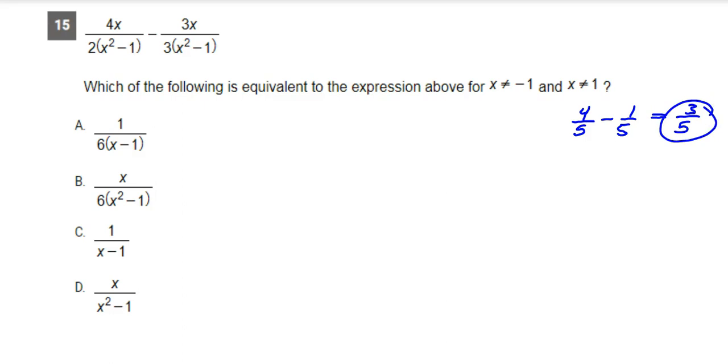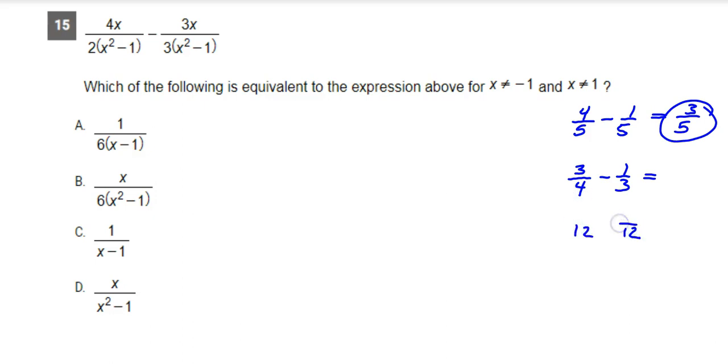Now, if the bottom numbers weren't the same, let's say you had 3/4 minus 1/3. Now you can't subtract straight across because you have different bottom numbers. So you're going to have to figure out a common denominator for both of those. If I was doing this by hand, I realize that 4 and 3 both go into 12.